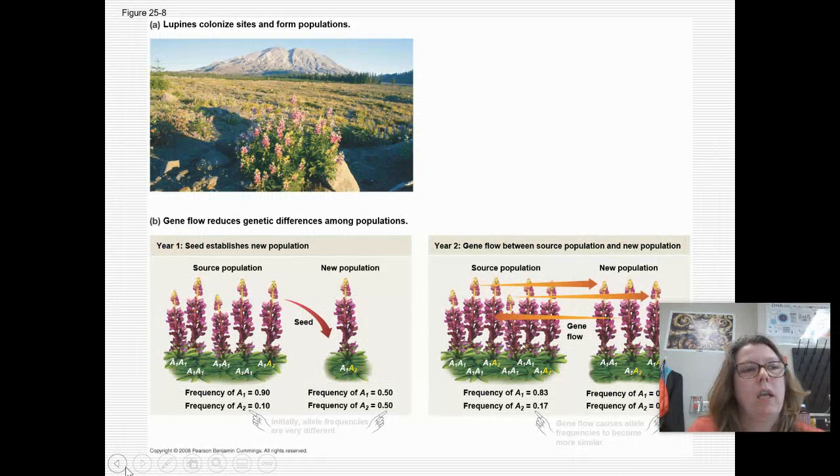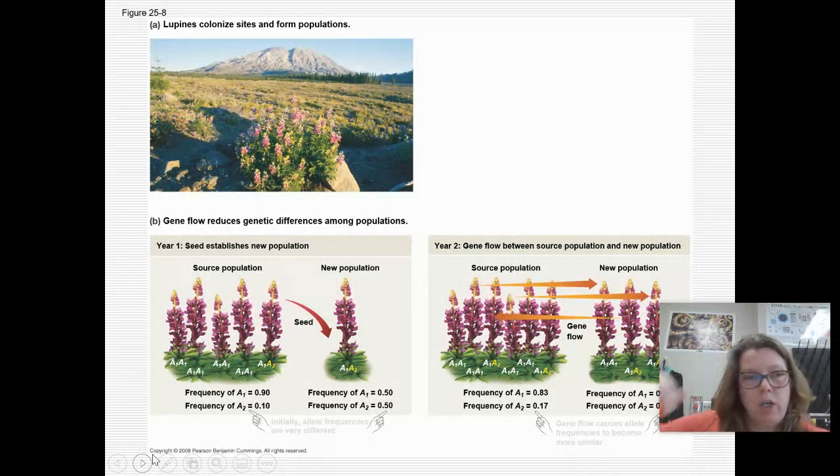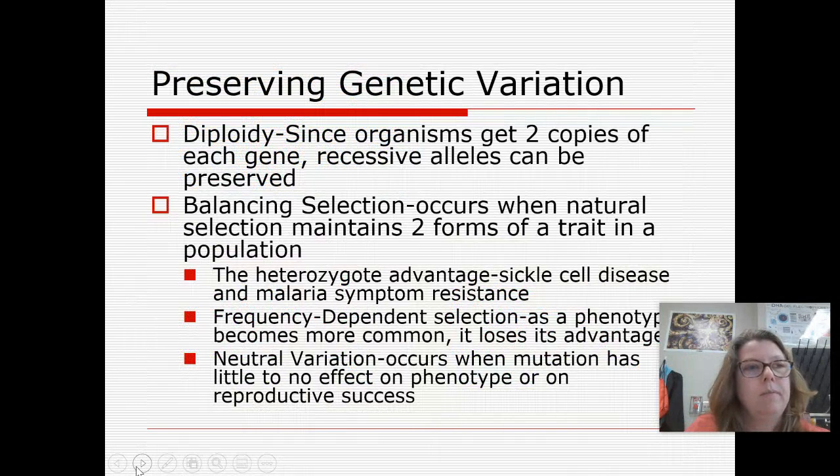And this is just looking at gene flow, how it reduces population diversity. This is gene flow where pollen is exchanged freely back and forth between the two populations, as opposed to where maybe something happens and a population gets blown way far away and you can't get gene flow between those two populations.